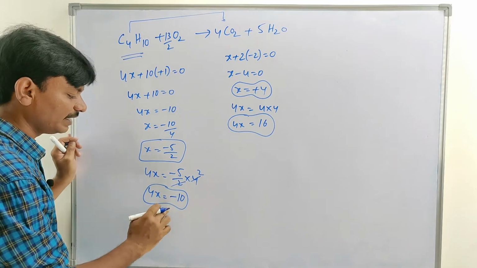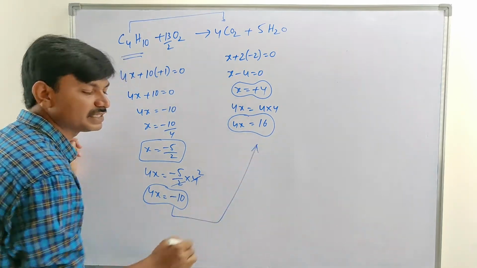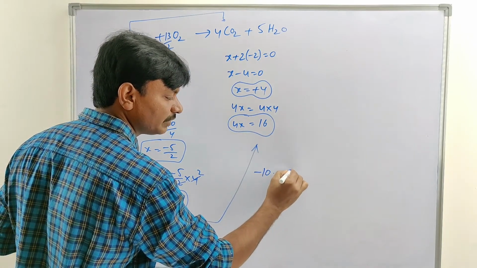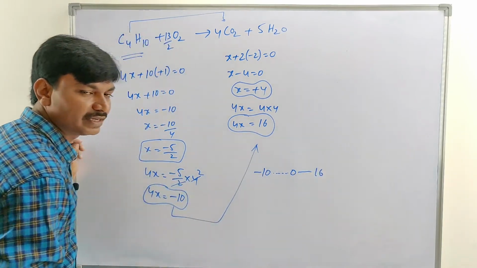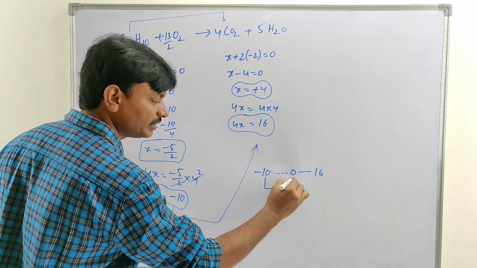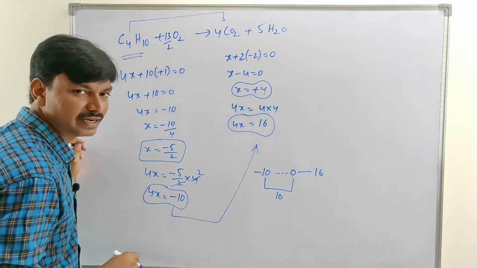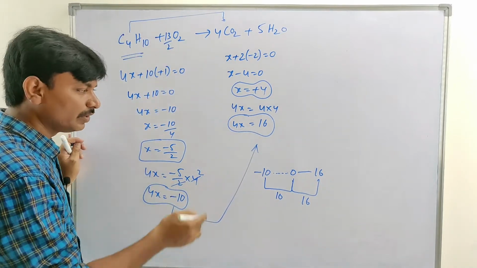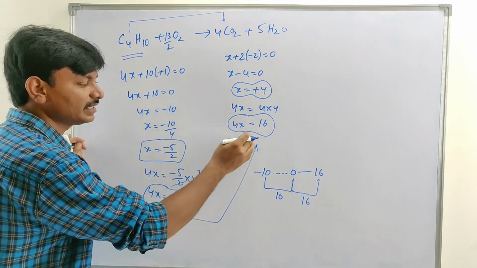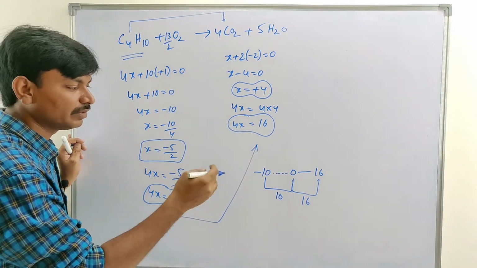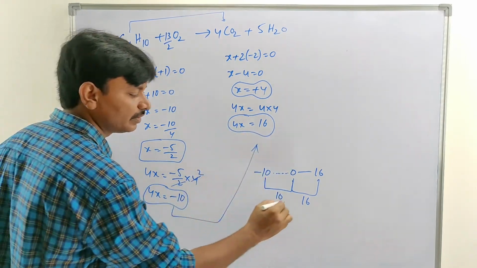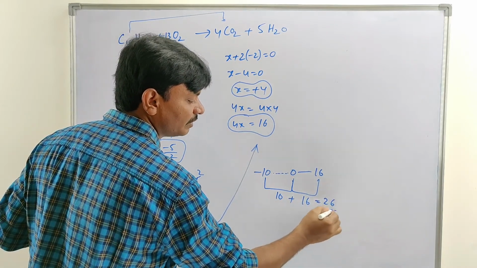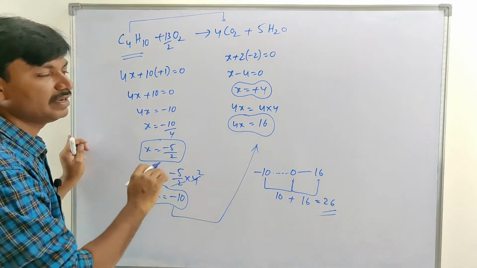How is it? Minus 10 to 0, 10 electrons are involved. 0 to 16, 16 electrons are involved. Totally minus 10 to 16, the number of electrons involved in the given conversion will be totally 26, that is 10 plus 16.